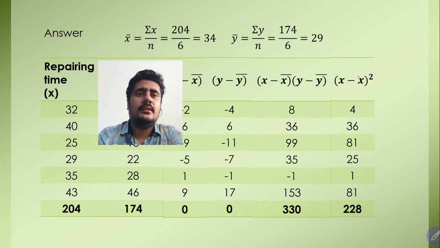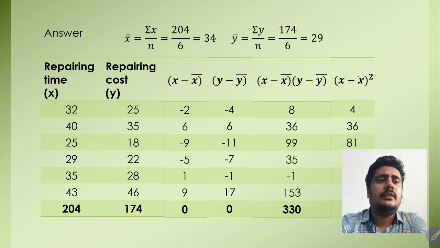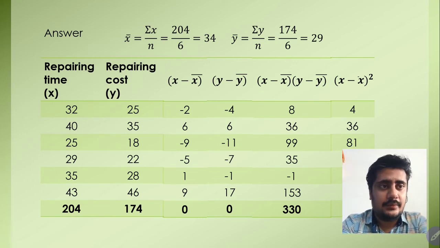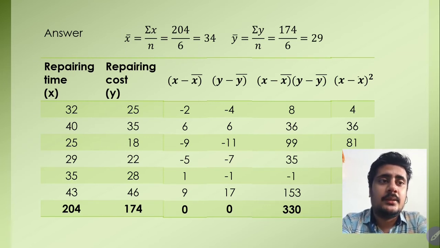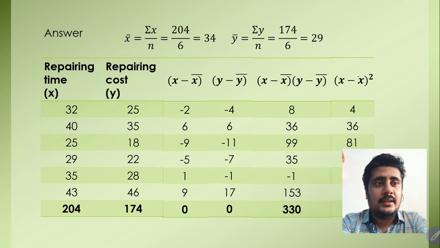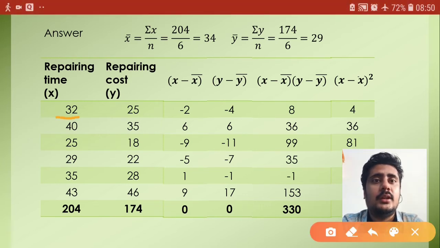Sir, if x bar and y bar are in points, why do we use that formula? If you visualize in this sum, for example, if x bar was not 34 but 34.79, then how would you have found x minus x bar? You would have found 32 minus 34.79, which would be minus 2.79.